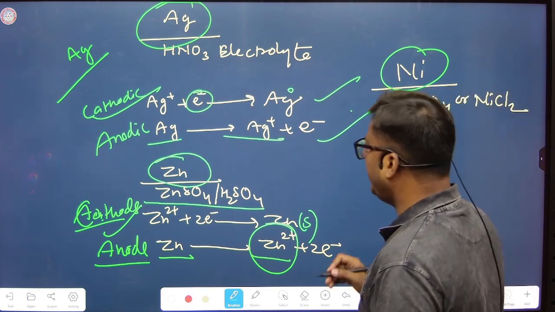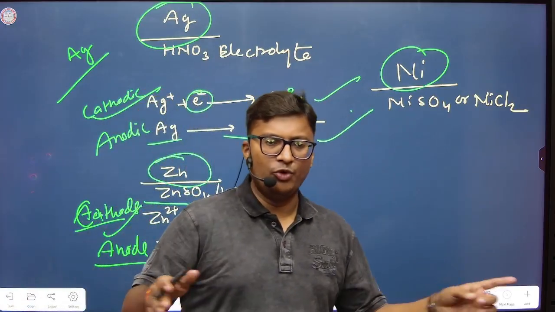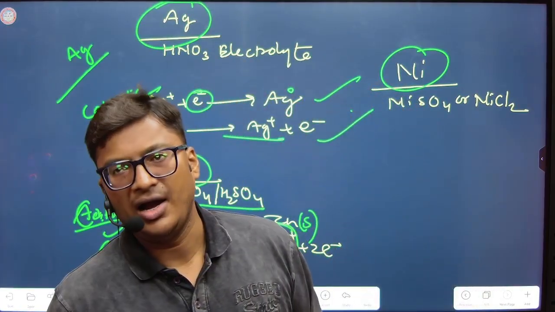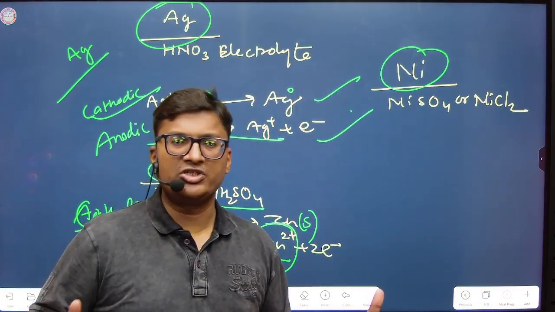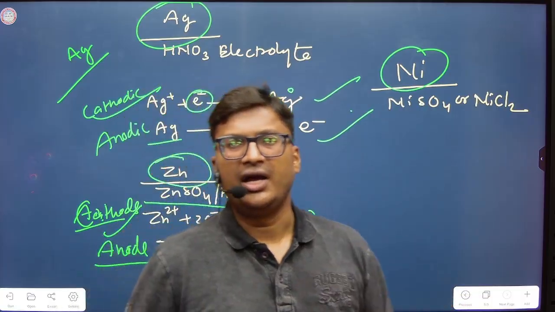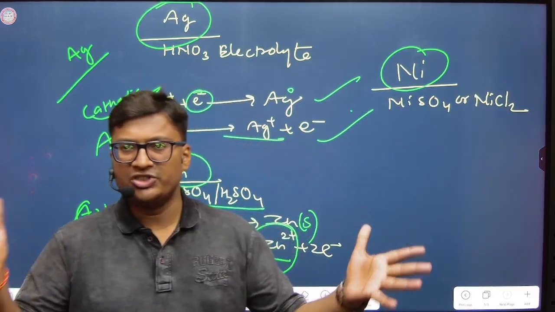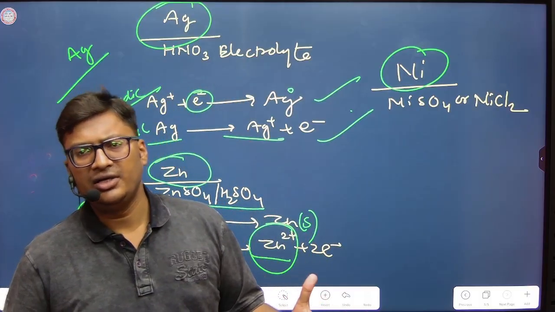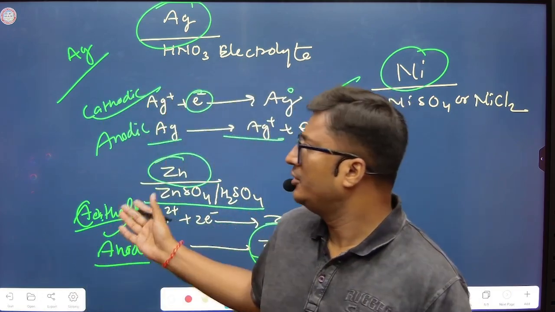Electroplating and electrorefining are both applications of electrolysis in electrochemistry, and they are part of the electrolytic cell where oxidation takes place at the anode and reduction takes place at the cathode. Depending on the oxidation and reduction, metal can be deposited onto the cathode or extracted from the anode, and ultimately deposited on the pure cathode.